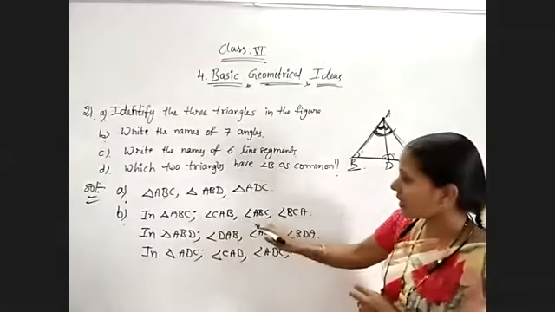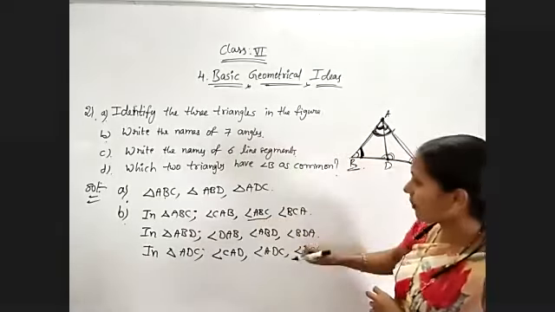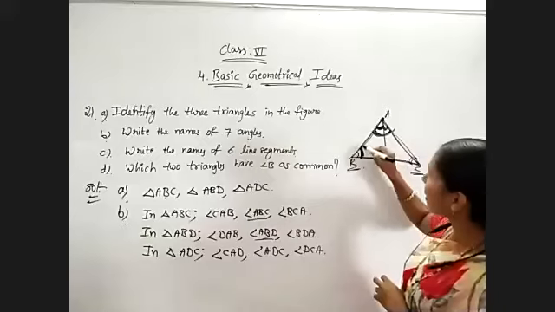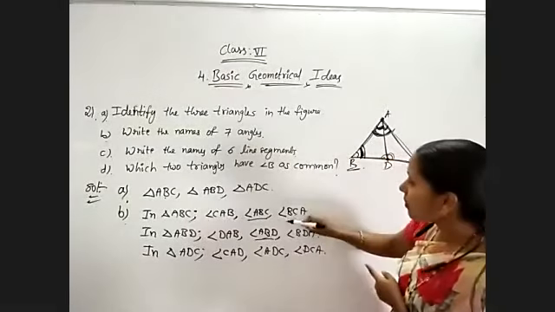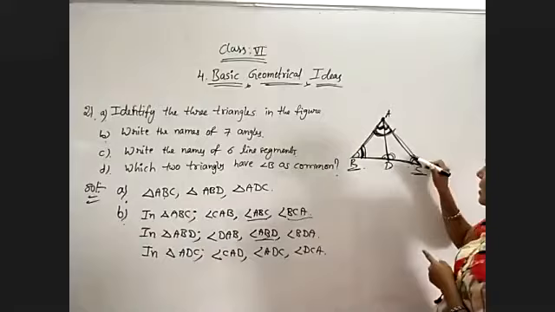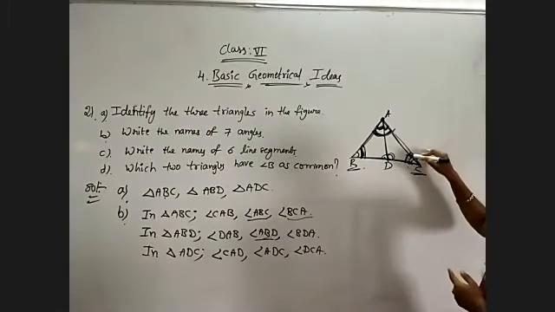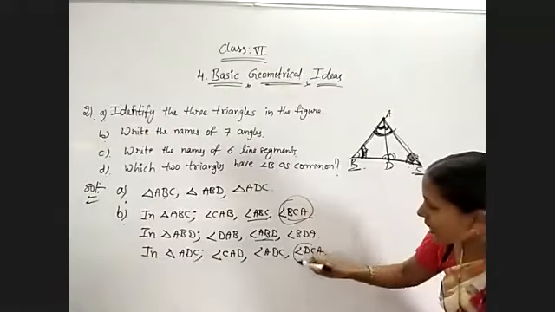Angle ABC is this angle only. Then again here we are getting B, angle ABD. ABD is also this one only. And coming to C, BCA is this side, and DCA is also this side only. This means it is common for both, so you can take these two only.